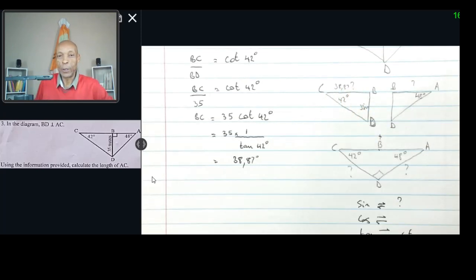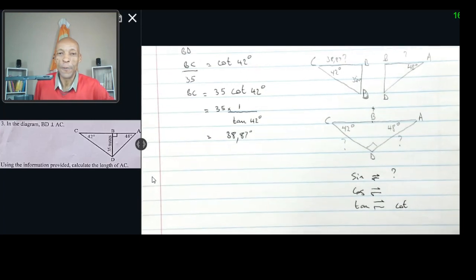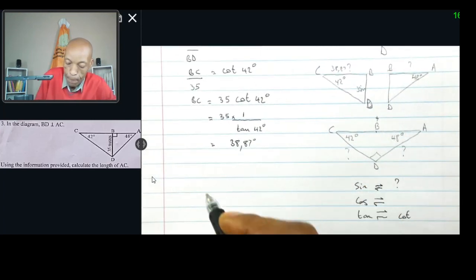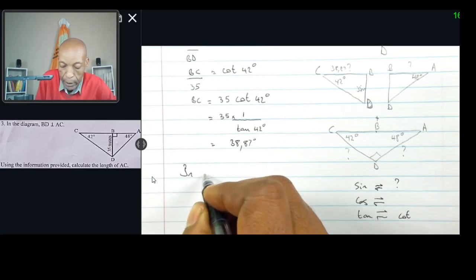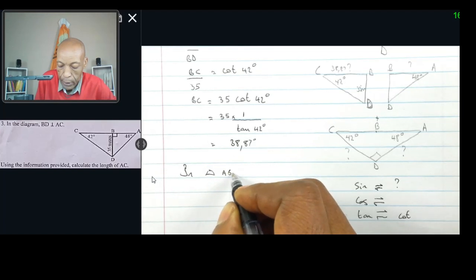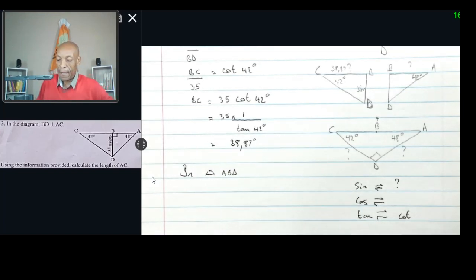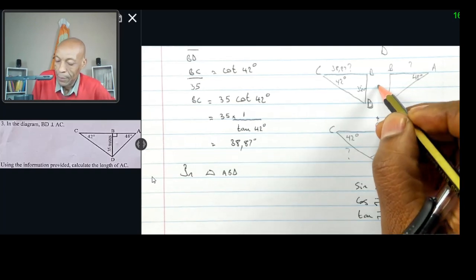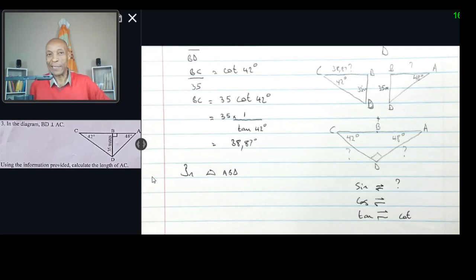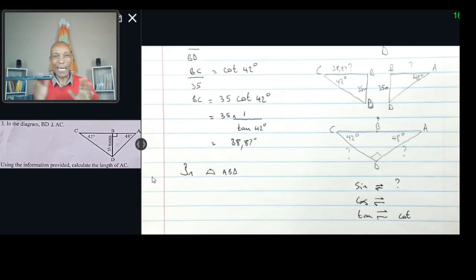Am I somewhere? Yes, I'm somewhere. Now I come to that other triangle, this one. Okay, so in triangle ABD, what do I have? See, what do we call the side that is in the middle, between both sides?